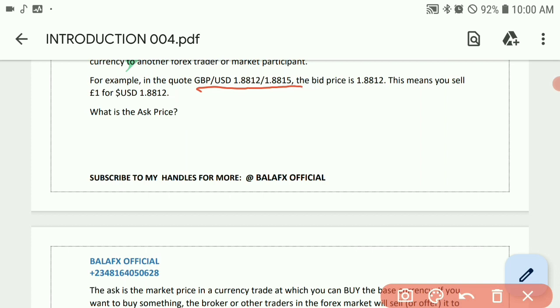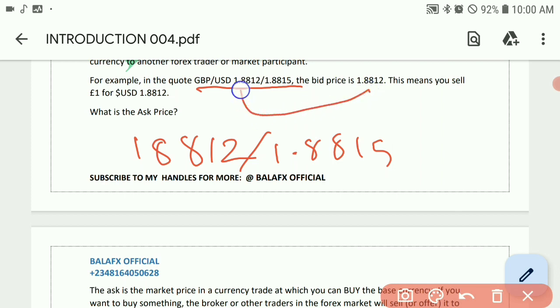For example, the quoted currency and the secondary currency is 1.8812/1.8815. The bid price is this. As you can see, this means you sell €1 for this.